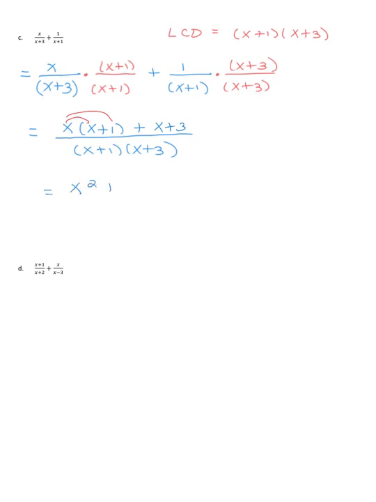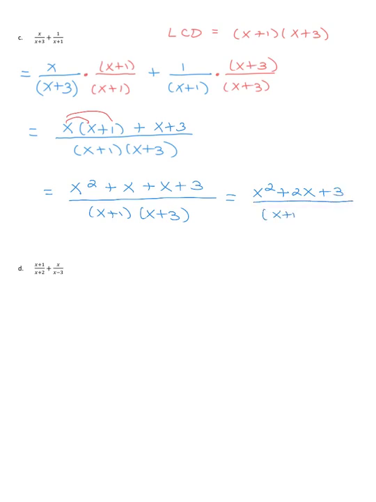That gives me x squared plus x plus 3 all over x plus 1 times x plus 3. And if I combine like terms, there's not too much to do there. There's 2 x's. And this is my final answer.